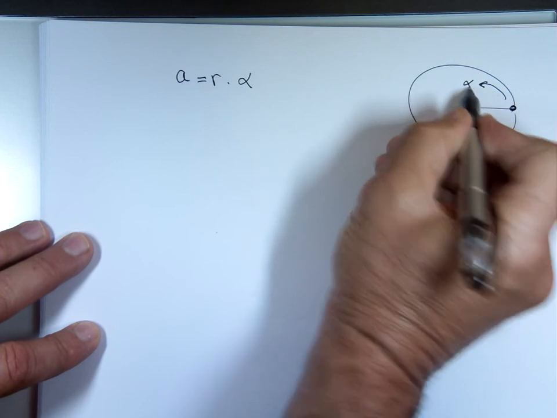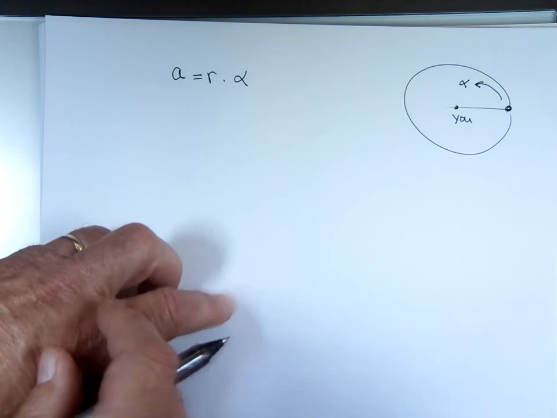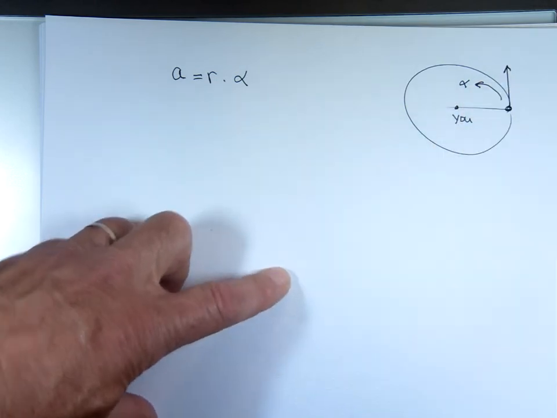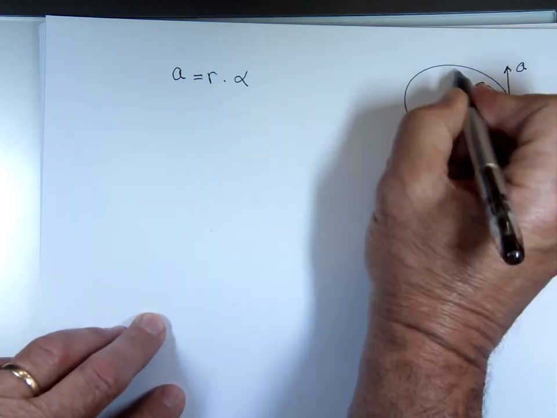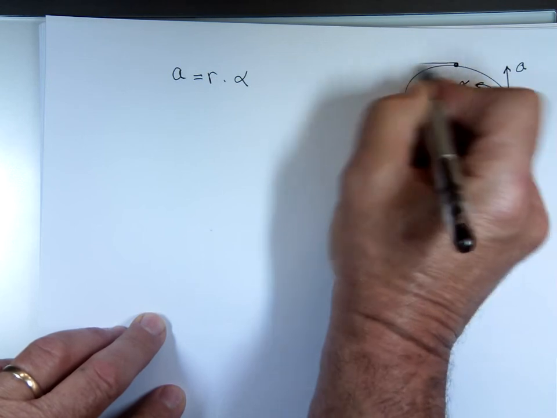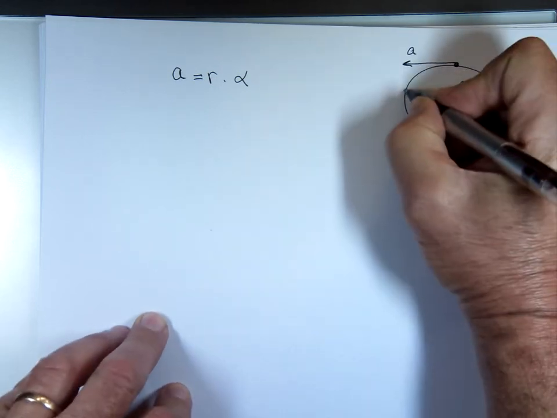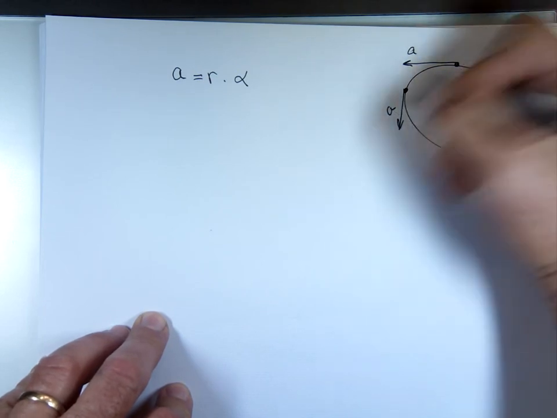What happens if that string suddenly snaps? What will happen to that rock? It'll go flying in this direction, tangential. That's your A. If it breaks right here, it's going to fly in that direction. If the string snaps right here, the tangent will be in this direction. If it snaps right here, the rock will go in that direction.